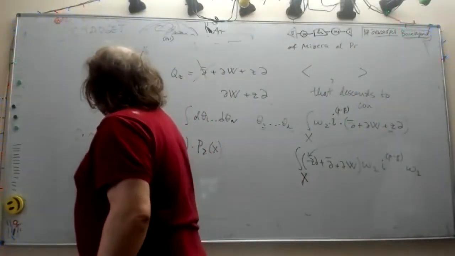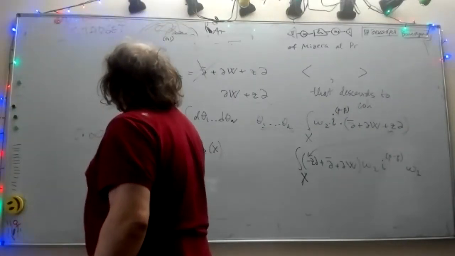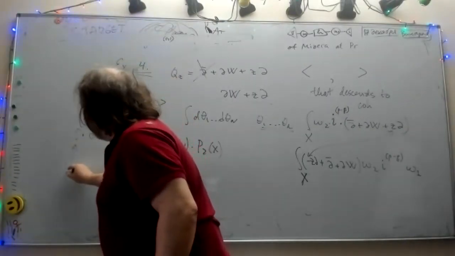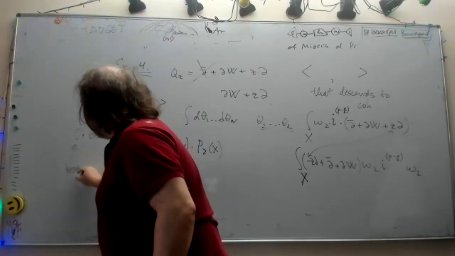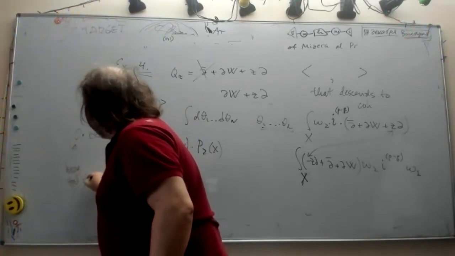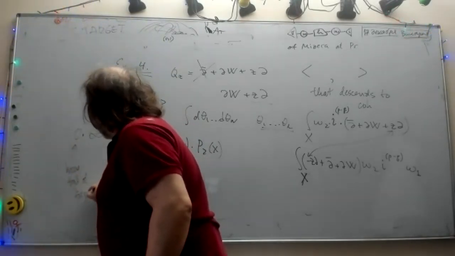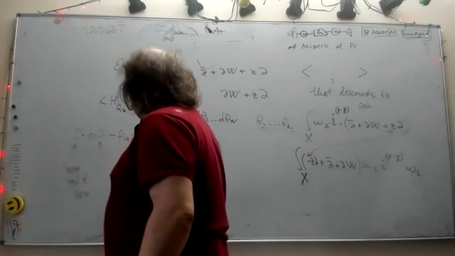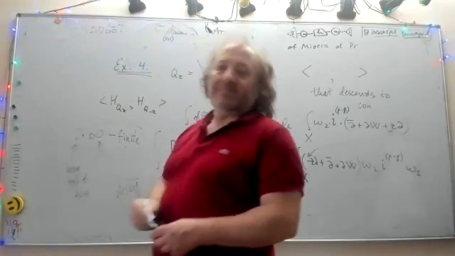That zero times infinity could be finite. So this zero is the wrong type of the form, and this infinity is divergence.